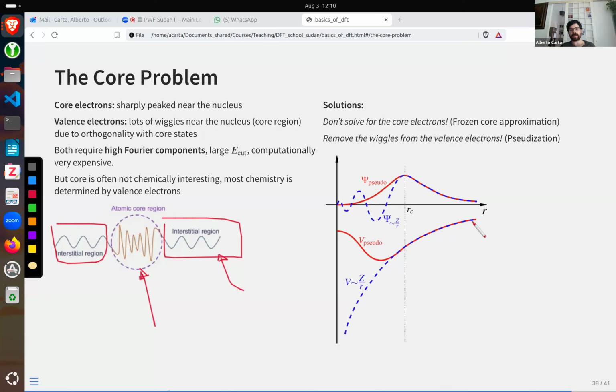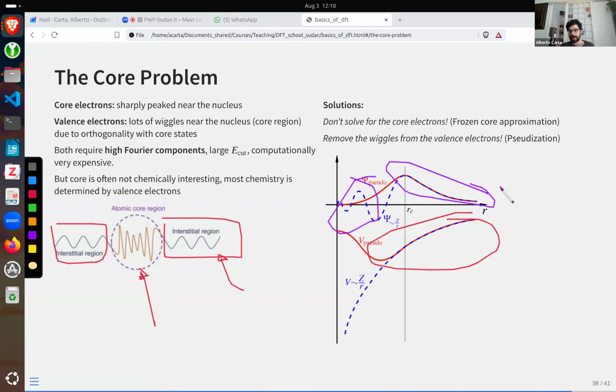At long distances, far away from the nucleus, which is the part that is important to us for material science, we get the same result. The wave functions far away from the nucleus are going to be the same. However, inside the core, we can neglect the details. We can have a much smoother wave function that is easier to deal with.